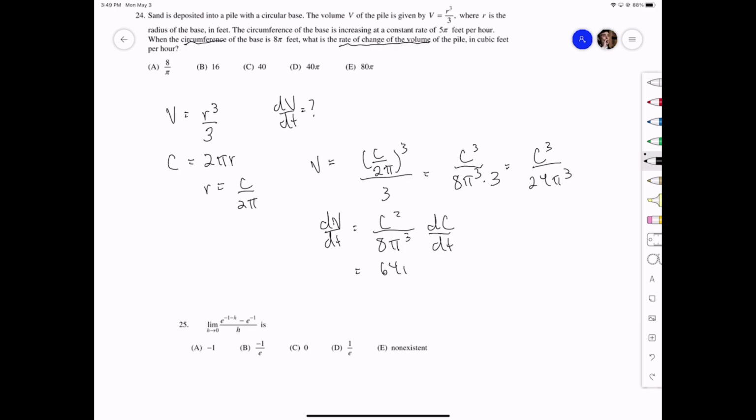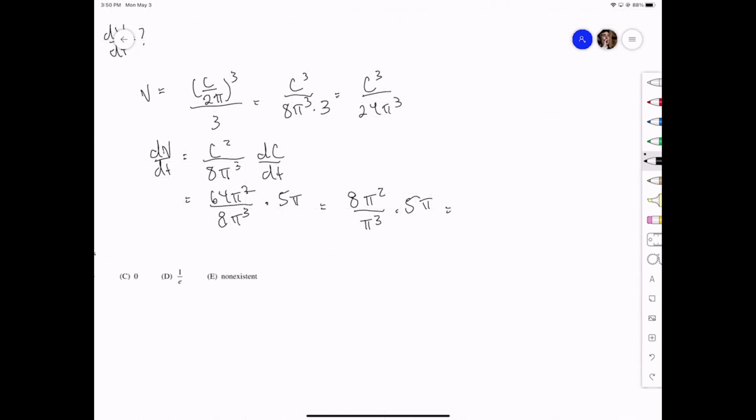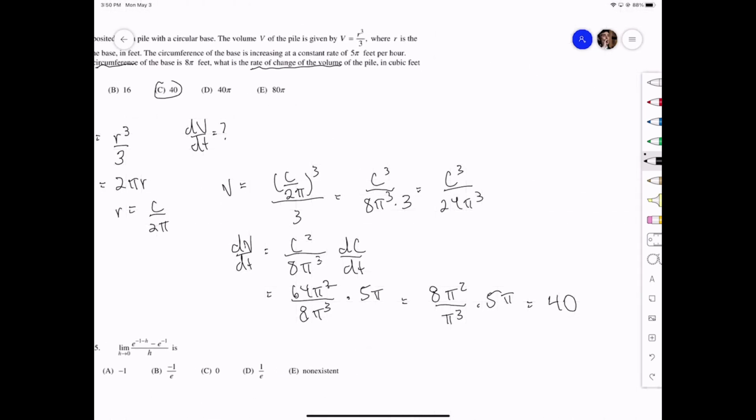So that's 64 pi squared over 8 pi cubed. And we know that it's increasing at 5 pi feet per hour. So there's a lot of pi's here. So that's 8 pi squared over pi cubed times 5 pi. And then the pi's cancel out, so it's just 40. So C should be your answer. Okay.